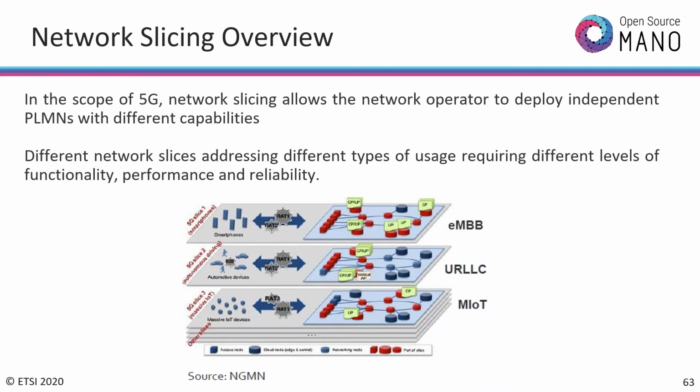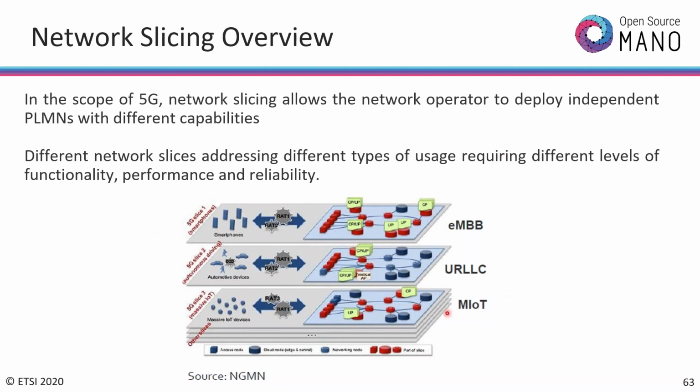Okay. So in the scope of 5G, we have the network slicing feature to separate physically and logically services among the network.